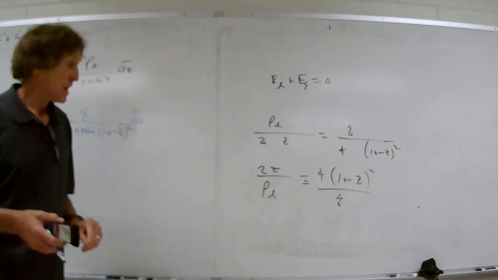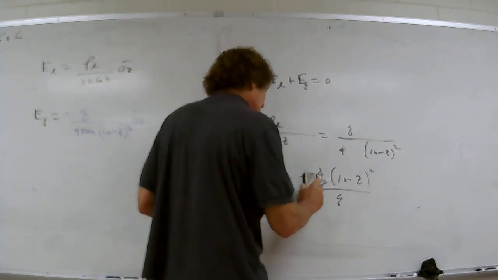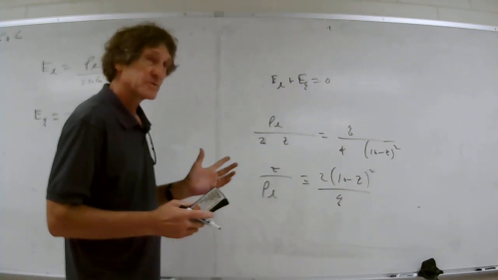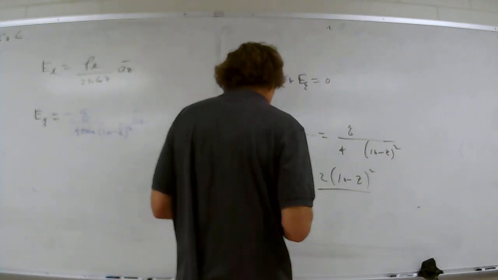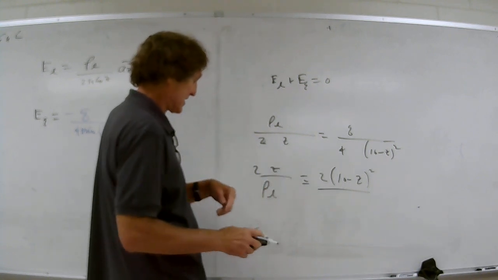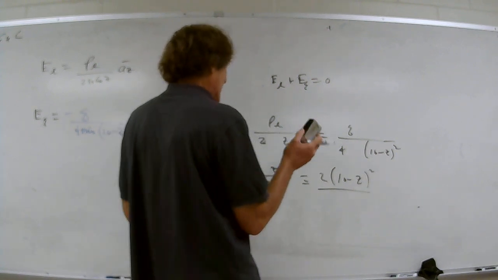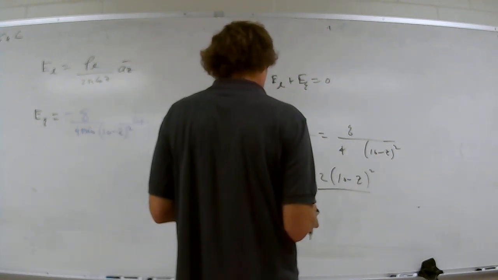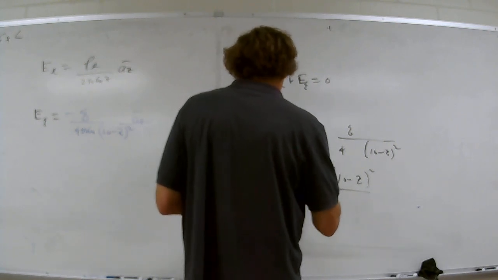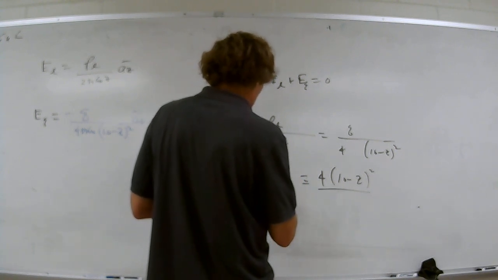You all with me? Okay, now at this point, I'm going to divide both sides by 2 just to make it a little easier, and then multiply both sides by Q. You don't have to do it this way. Actually, what I'll do is divide by 2 again. Sorry, wait a second. Hold on. That should be 4, right? And that was 2.